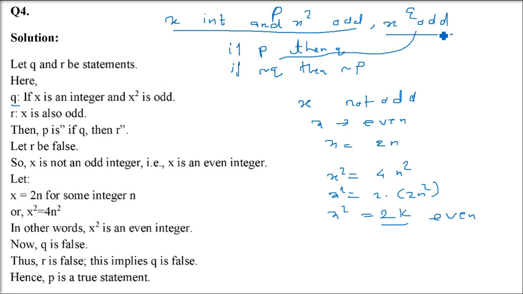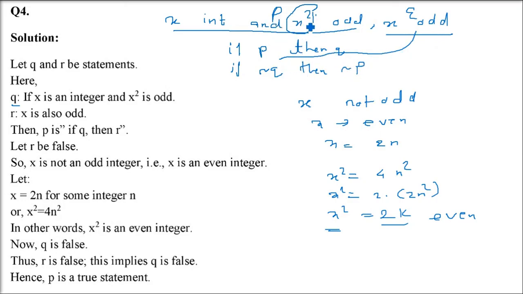Now Q is saying X square is odd, but X square is coming out even. So by negating R, we also proved the negation of Q. That is, the statement is true.